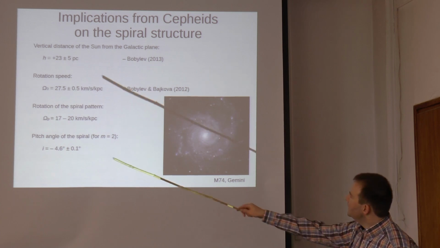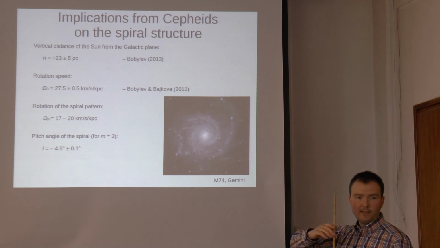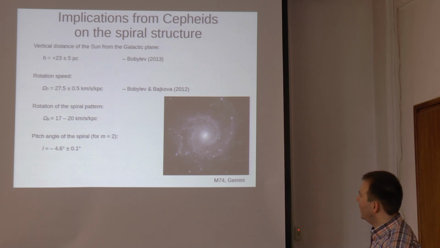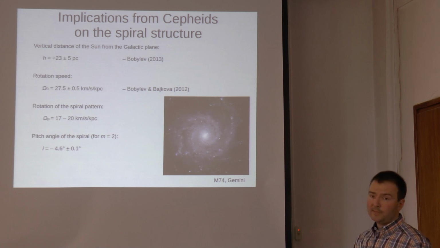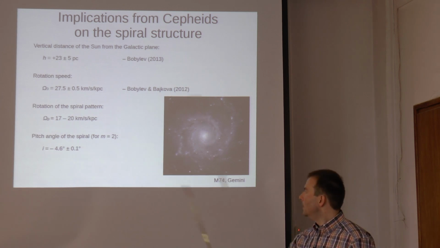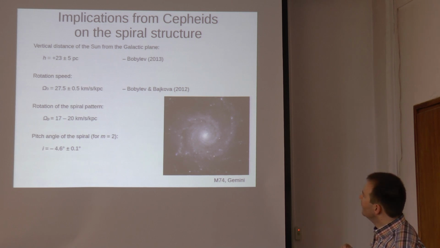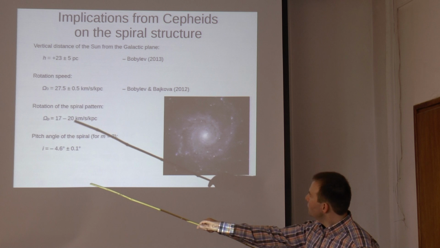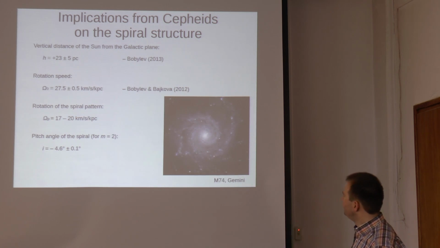This is the estimated elevation of the sun above the galactic plane. We are not exactly in the galactic plane, but slightly above. And if we assume the number of spiral arms, this is the pitch angle of the spiral, and the rotation of the spiral pattern is here.